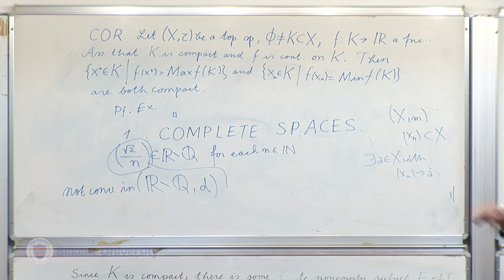Suppose we only know R minus Q. We do not know rationals, we do not know reals, we're in here. This is divergent, but it looks conceptually close to being convergent.